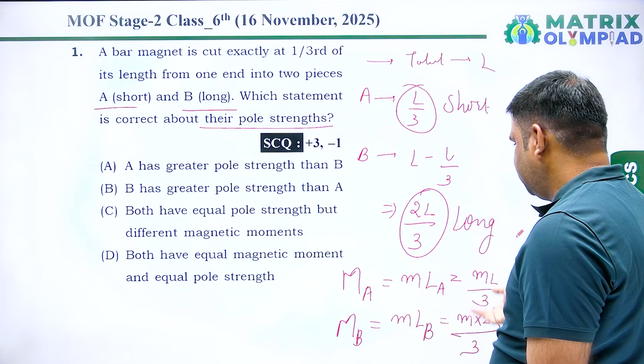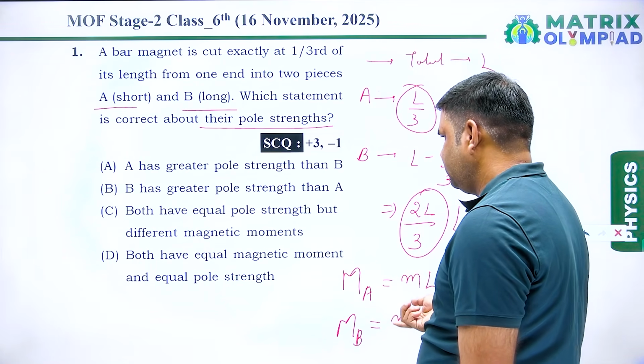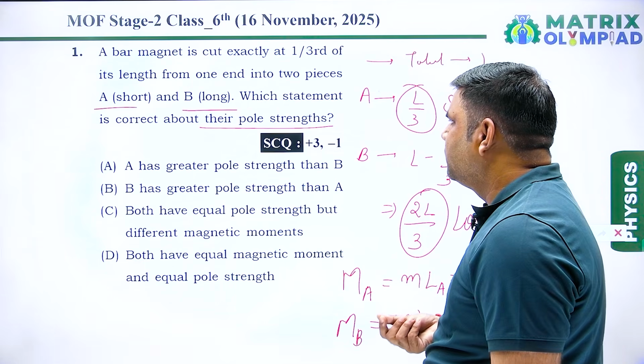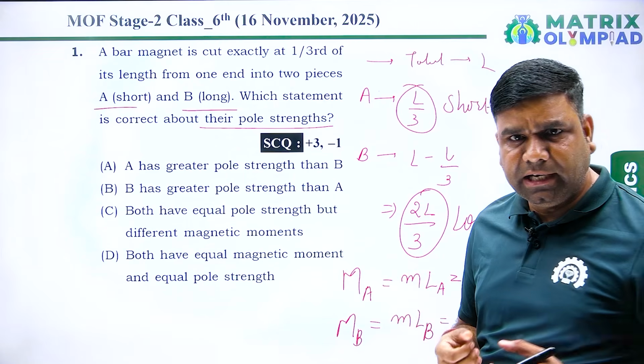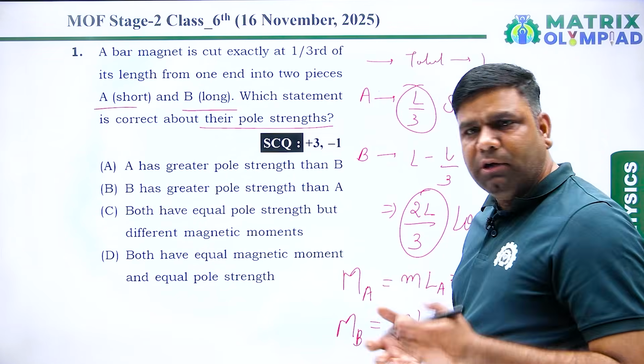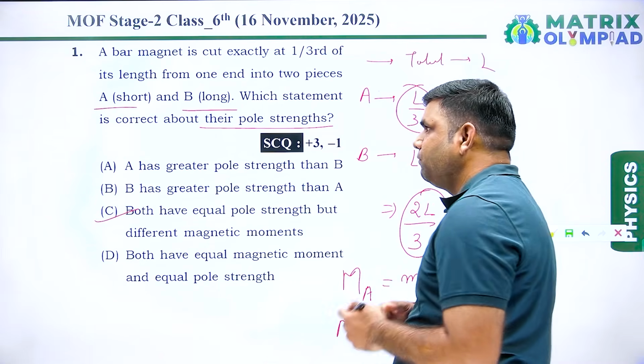From this conclusion we can say that B has more magnetic moment. So A and B, both the parts have different magnetic moment but they have equal pole strength. So our correct option is option C for question number 1.